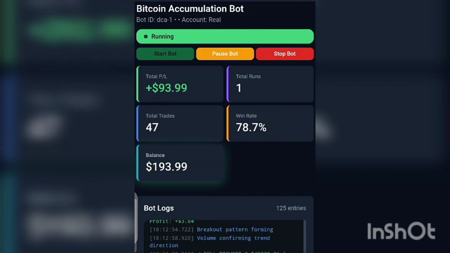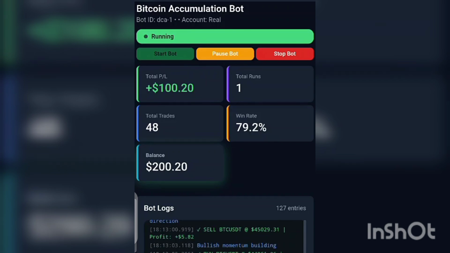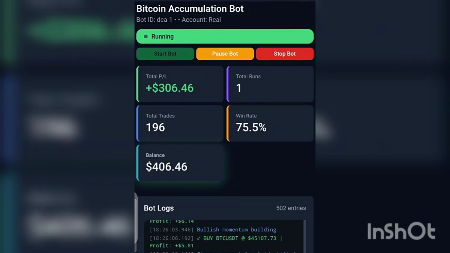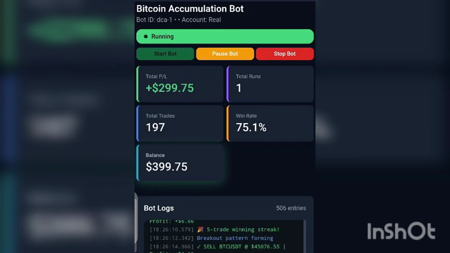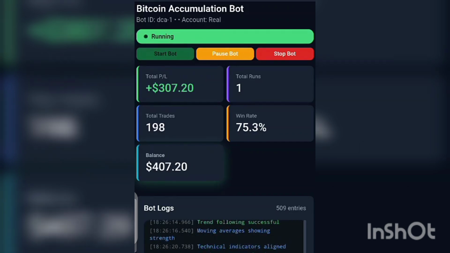So now let's give it some minutes and come back to see how much we have made, and we make a withdrawal. So you can see over here, after some minutes, we are back here. You can see we have made 306 USDT. So I'm going to be stopping this particular bot, because we have actually made a good profit.